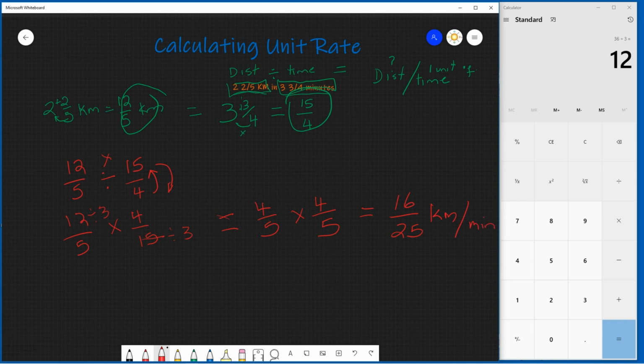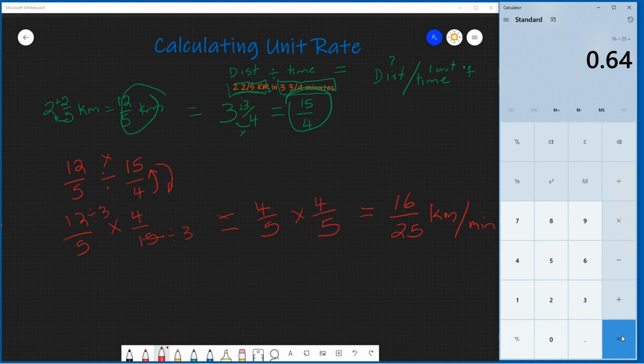But that doesn't make much sense, right? So let's convert this to a decimal. 16 divided by 25 equals 0.64.